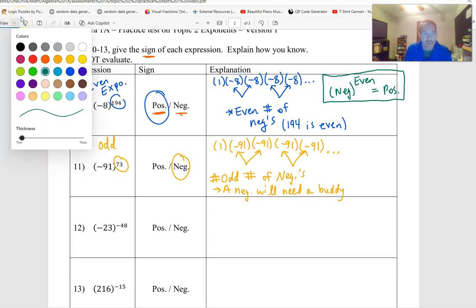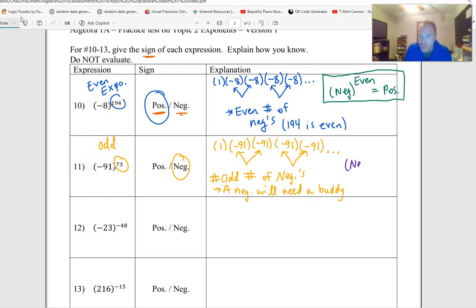Again, maybe the quickest way to explain it would be to say something like a negative base with an odd power, an odd exponent, will give you a negative result. That's maybe the quickest way that you could explain that. And feel free, if you like that shortcut, to say negative base to an even exponent is a positive result, negative base to an odd exponent is a negative result, and you can forget about the exponent being positive or negative.